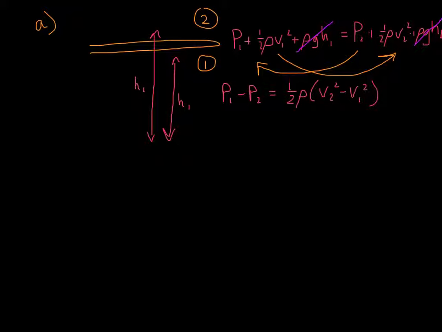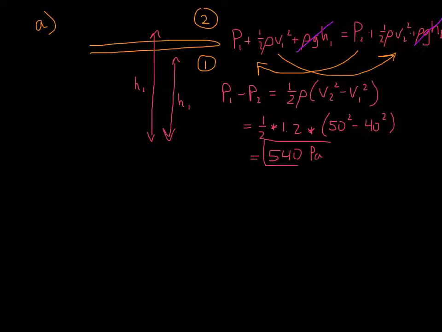So that pressure difference is equal to 1/2 times 1.2 times V2, that's the speed at the top of the wing, which was 50 squared, minus V1, the speed at the bottom of the wing, which was 40, that's squared, and that gives you a pressure difference equal to 540 pascals.